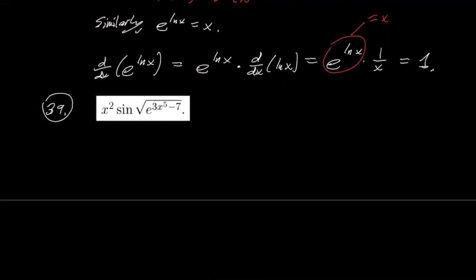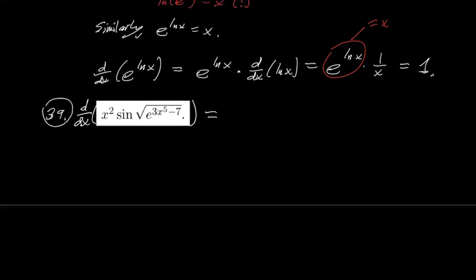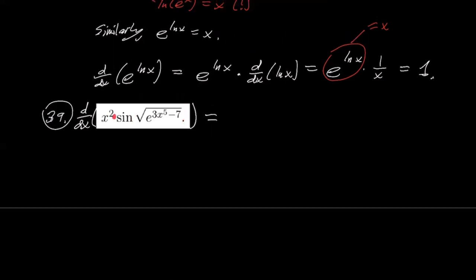So if we do the derivative of this, well, there's a lot going on here, right? But the first thing I see is that there's a product. It's x squared times the sine of something horrible. The last thing we do would be multiply these together, because we'd compute x squared, we compute all this nonsense, we take the square root, we take the sine, and then last thing we do is multiply them together.